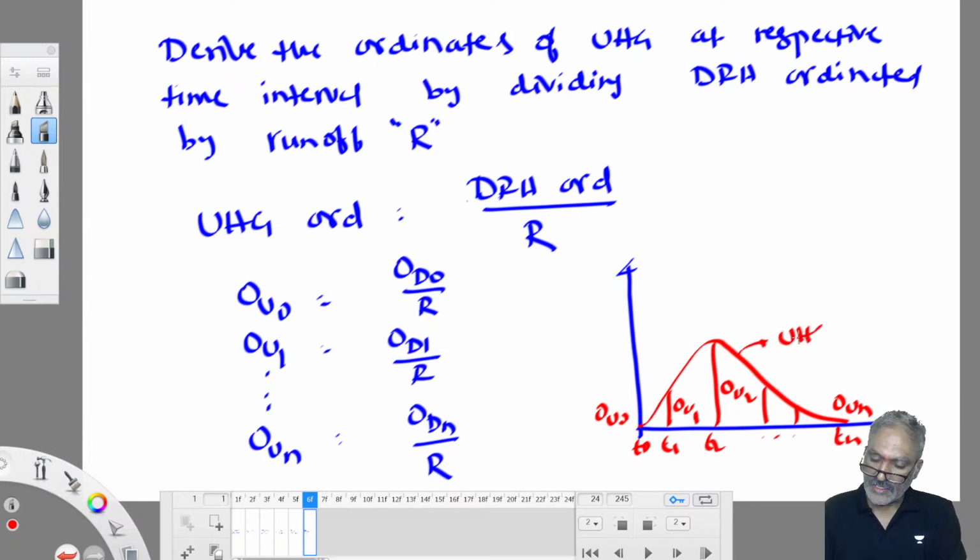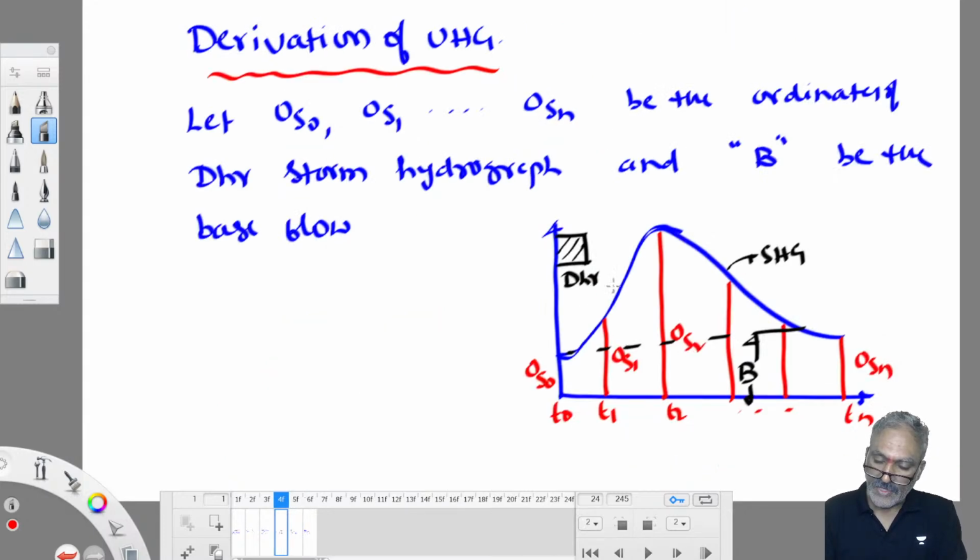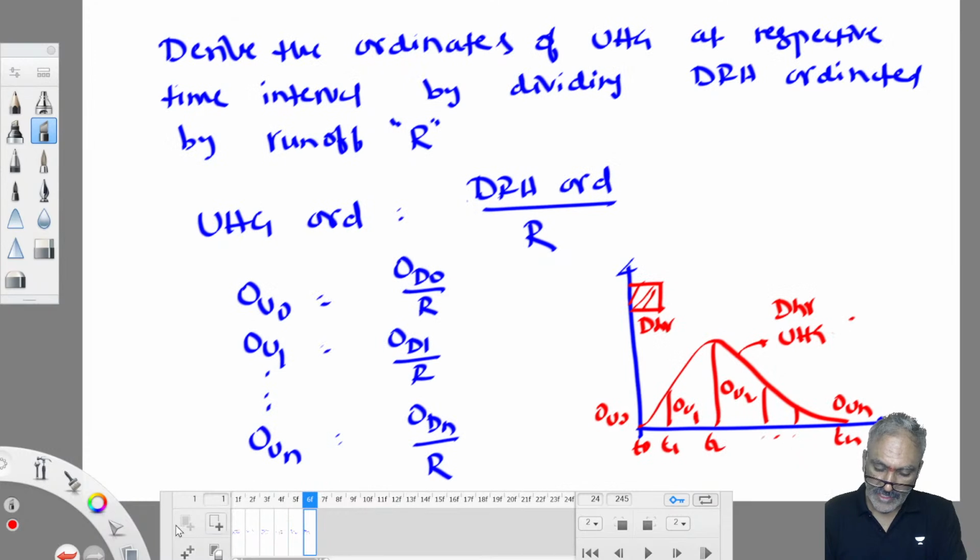This is the unit hydrograph, a D-hour unit hydrograph. This represents a D-hour storm. This also represents the same D-hour storm, but as a direct runoff hydrograph. This represents the same D-hour storm, but as a storm hydrograph ordinate. So this is how we can travel.